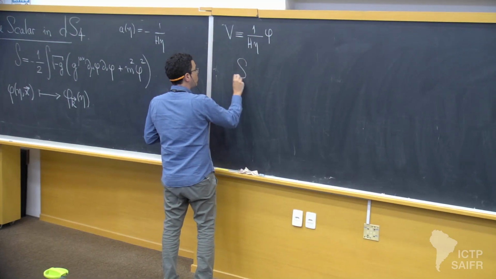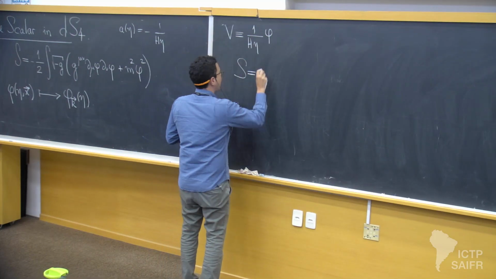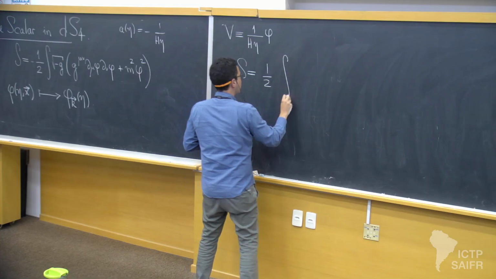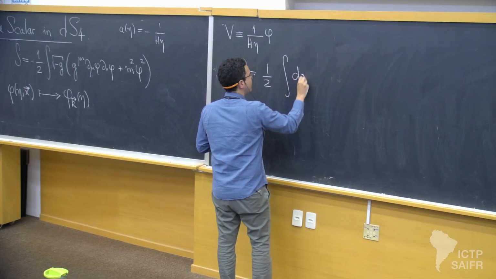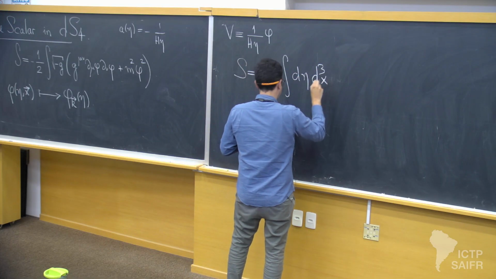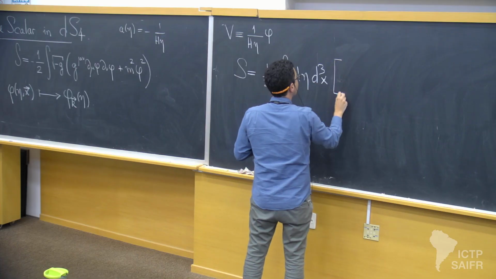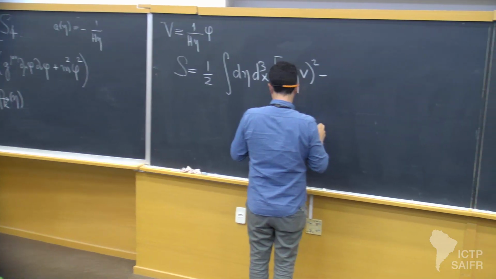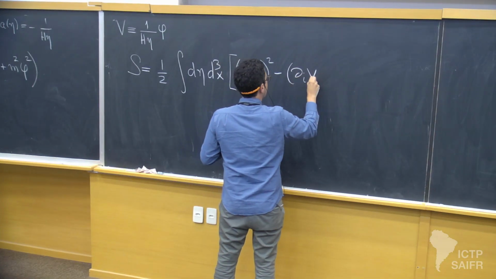What does the action look like? I'm going to get some crazy, very angry emails if I keep talking about this. So, ∫d³x dη (v'² − (∇v)²).